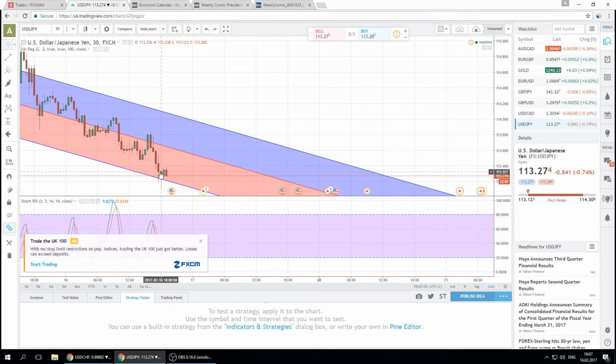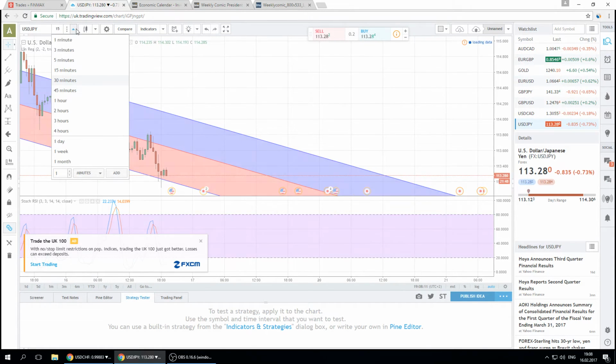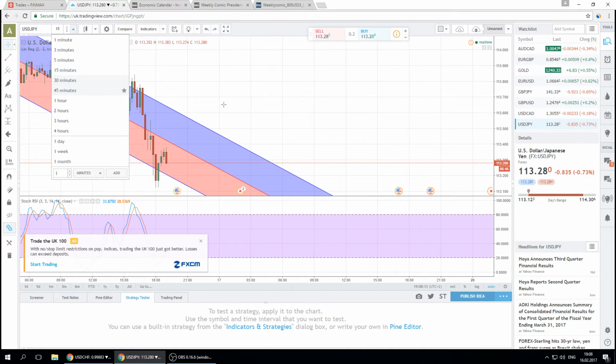This figure tells us that the prices were really volatile, and this candle showed us that the trade should be opened for growing. 30 minutes, 15 minutes. What do we have here?